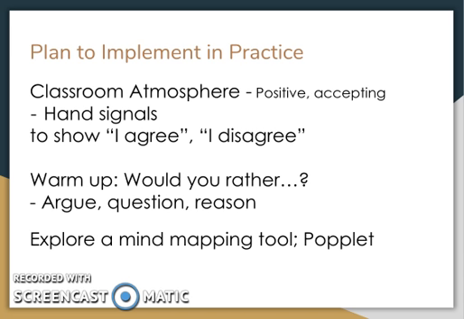Exposing them to a mind mapping tool such as Popplet and modelling the use of it through various ways in curriculum areas. That'll be how I'll begin to implement this digital and collaborative innovation.